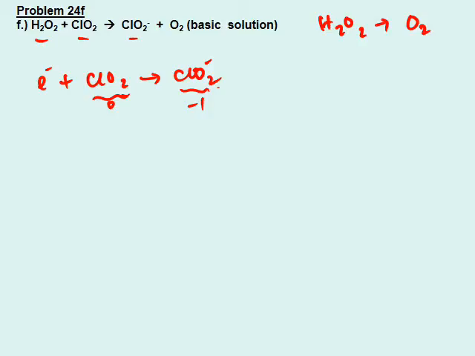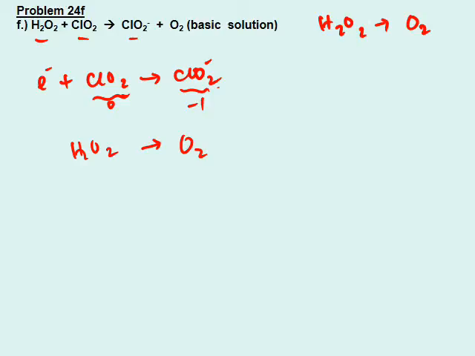For the second half reaction, let's do H2O2 giving oxygen. First we need to balance elements other than hydrogen and oxygen, and there is no such element, so don't need to worry about that. Then you balance oxygen by adding H2O. Again, oxygen is already balanced, so I don't need to worry about that.